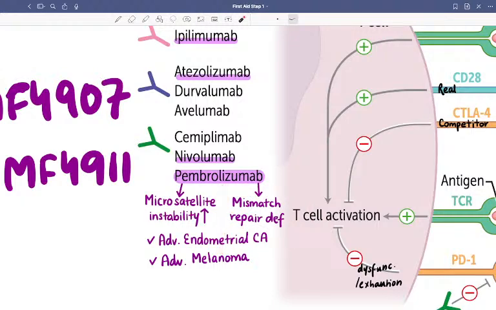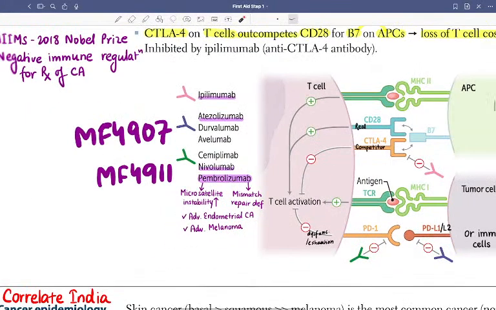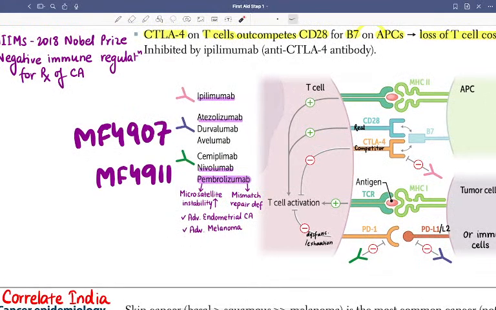And cemiplimab, nivolumab, and pembrolizumab, all of these are anti-PD1. Again, come back and see, this is last moment stuff.